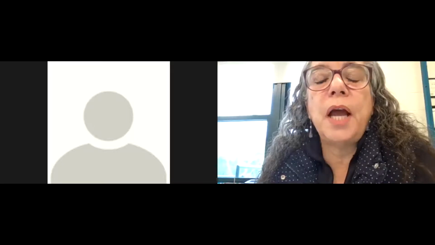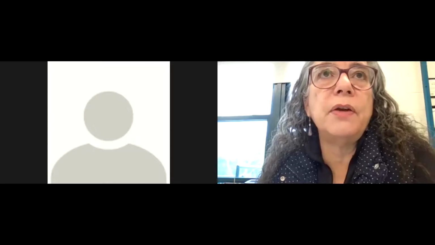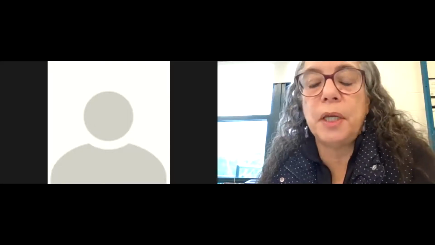So I would minimize the Zoom, open up the Zoom so that you can see the screen sharing while I am sharing the screen and giving instruction. And then when you need to, because you're going to have to go back to the graphic organizer to do some typing in a little bit, you'll have to open that up. Does that make sense? Yeah.